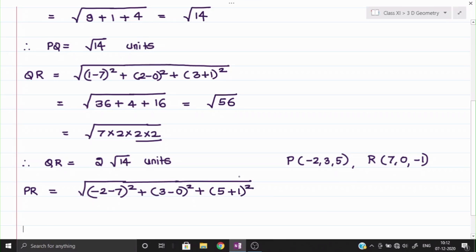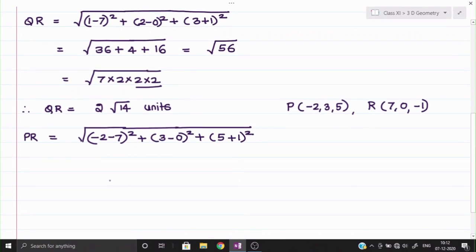Now let us simplify this one. So minus 2 and minus 7, that is minus 9, and square of minus 9 will be equal to 81. So this will be 81 plus 9 and 5 plus 1 is 6. Square of 6 will be 36. So if we add all of them, 81 plus 9 is 90, and 90 plus 36 will be equal to under root of 126.